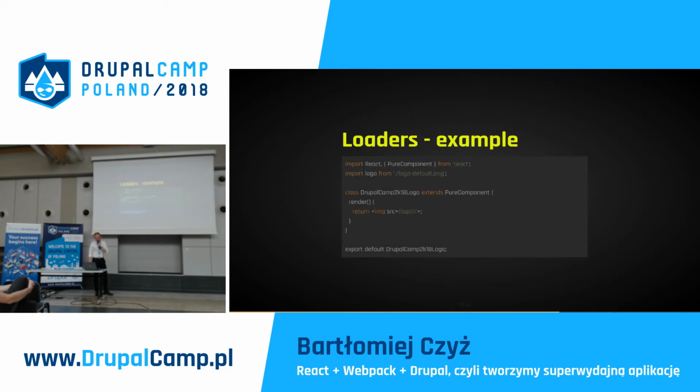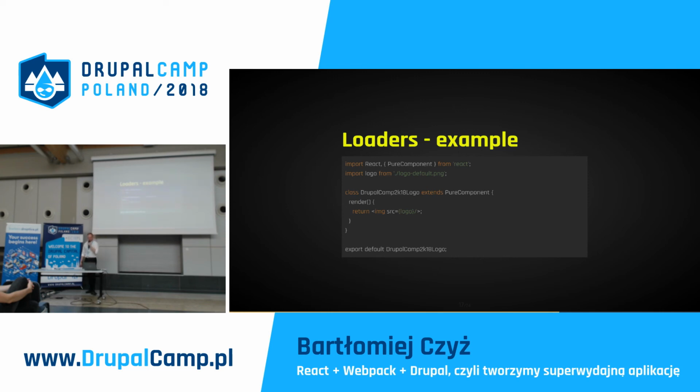Here's the example of how I used file loader. As you can see, I have imported logo, which is a file, and then in the render method I just put the source of this file, like any other thing that we import in our file.